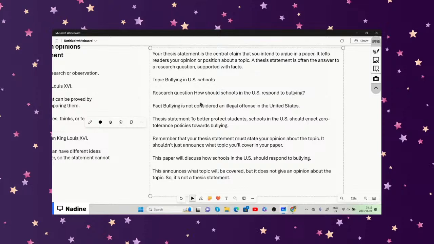All right. So before we go on to what a thesis statement is, we said a fact is something that can be proven, either by research or observation.